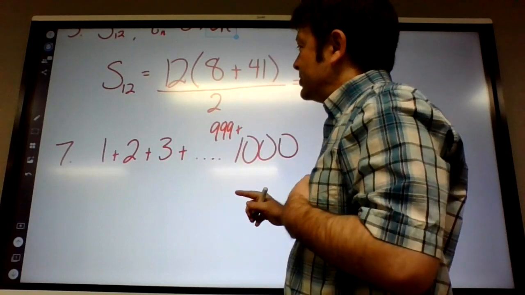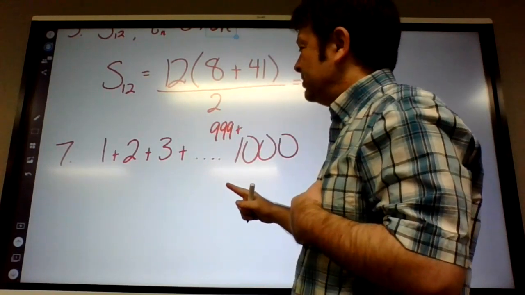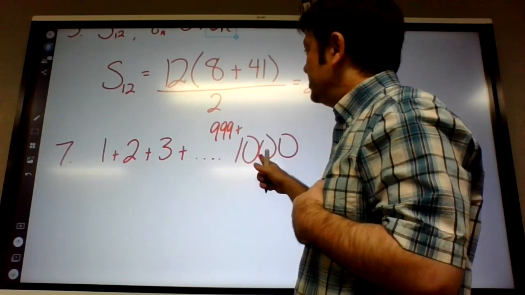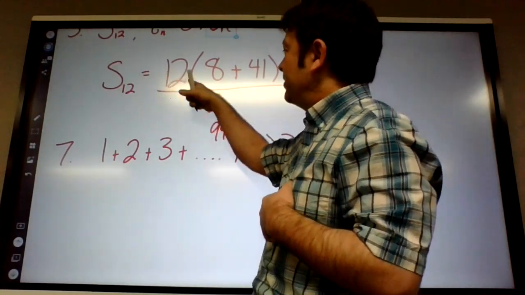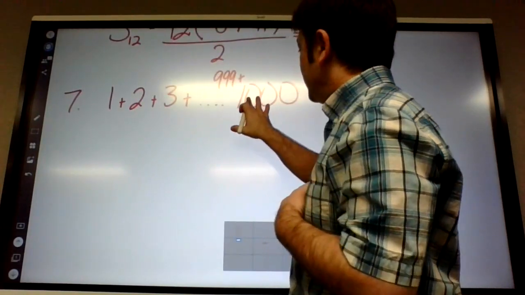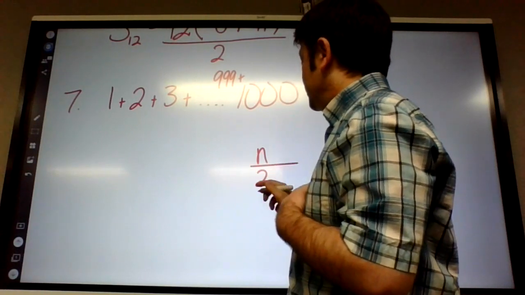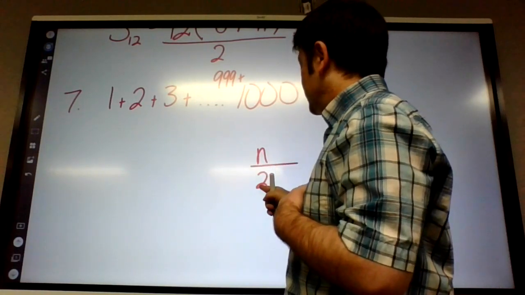And how many of those are there? 500. Yeah, there's half of these. I don't know if I can turn that into a formula. You take the number of terms there are in and divide that by 2. That's where the 500 comes from.